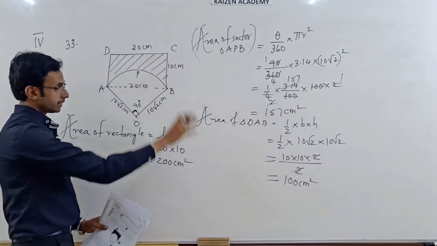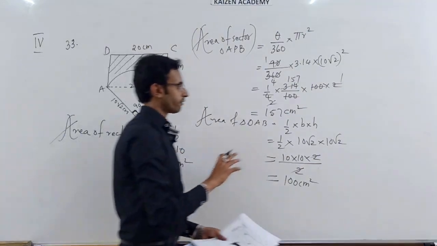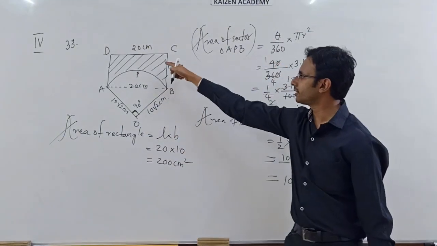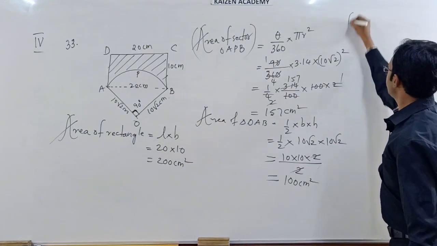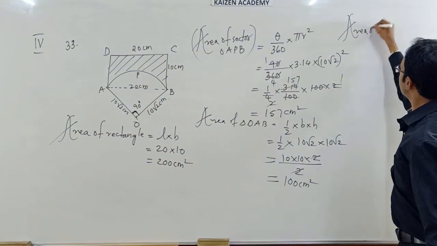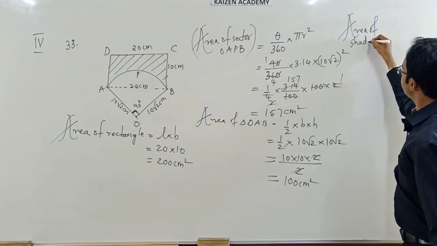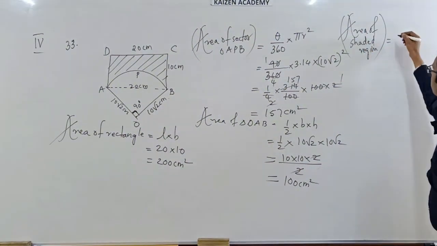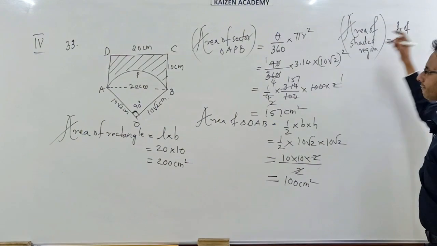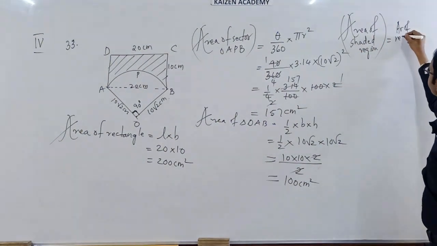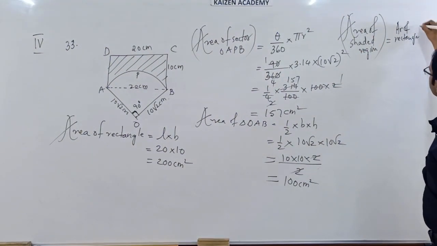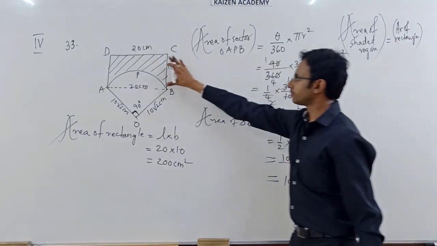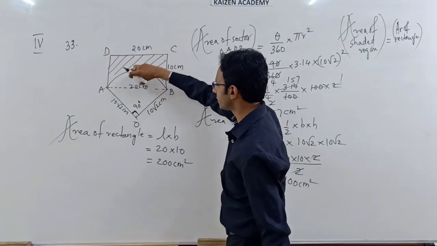So to calculate these three things, they have given you 3 marks. So finally they are asking to find the area of this shaded region. So area of shaded region, to calculate, the logic is you have to first write area of rectangle, which will give you the complete area, but from that we have to remove the semicircle area.